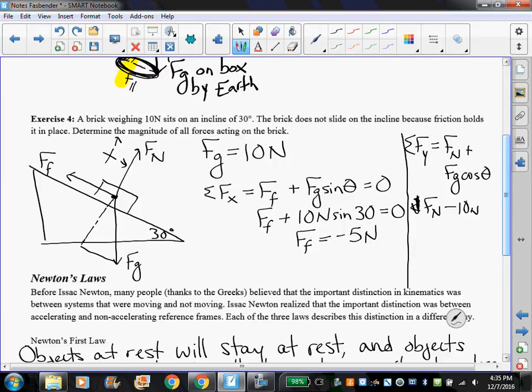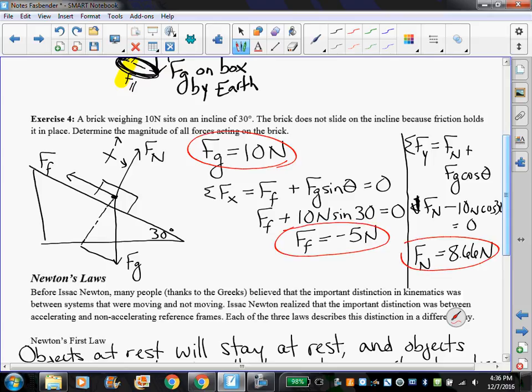So we say Fn minus 10 cosine of 30 equals 0, so that when we solve for Fn, we end up getting a positive number: 8.66 newtons as our normal force. So those are all the forces acting on our brick. Force of gravity is 10 newtons, force of friction is 5 newtons, and normal force is 8.66 newtons.